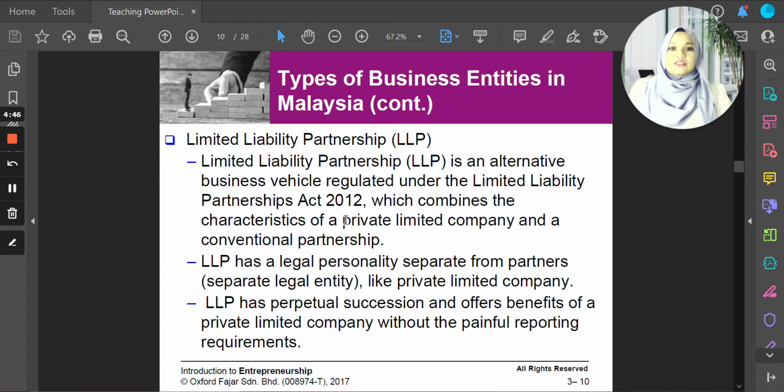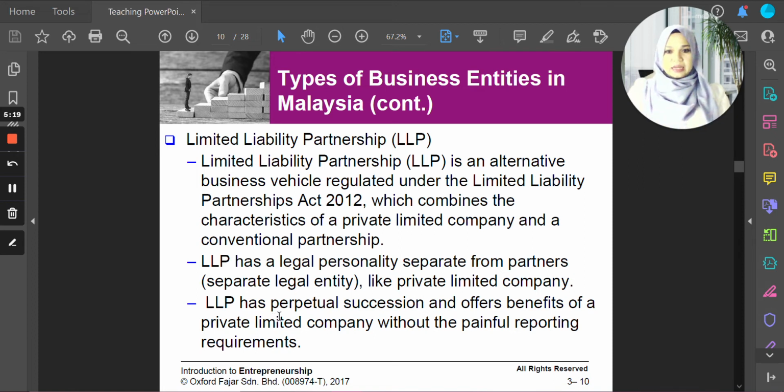The good thing about the LLP compared to the partnership is that it has a legal personality separate from the partners. Unlike the partnership, where the owners or partners are the business, in an LLP the partners are a separate entity from the company itself.